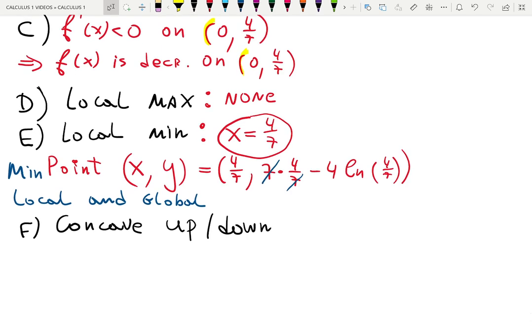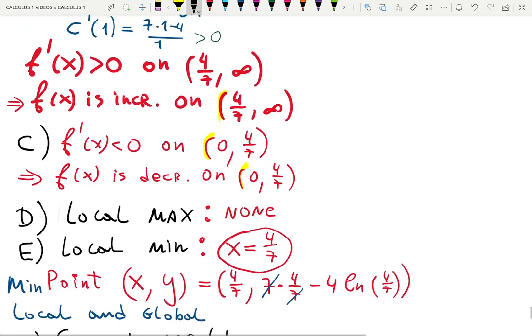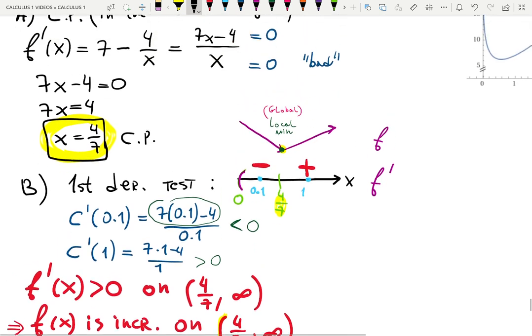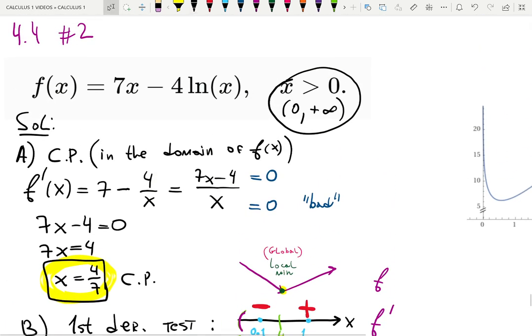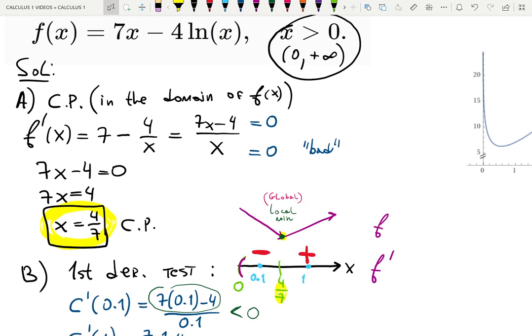After the first derivative, we're going to the second derivative. You remember, right? Concavity is about the second derivative. So I need to find f prime prime of x. So let's go back to f. Where is the f function? Here you go. And I need to find the first derivative, which we already did.